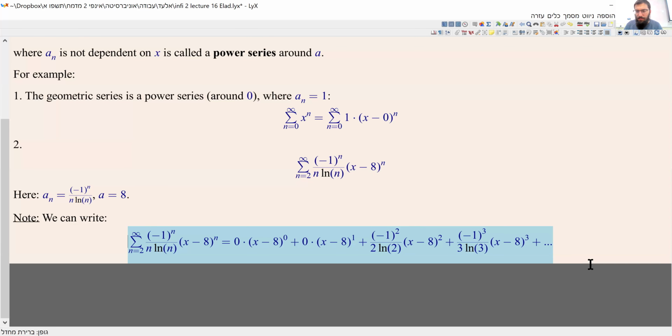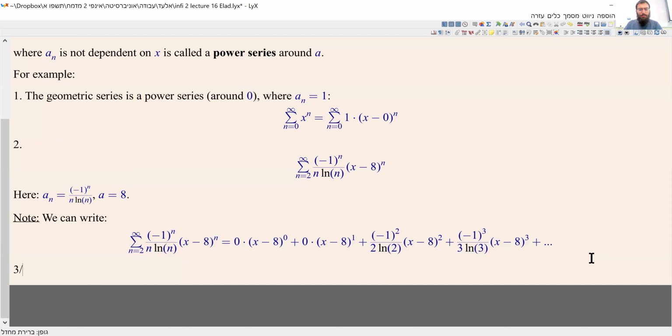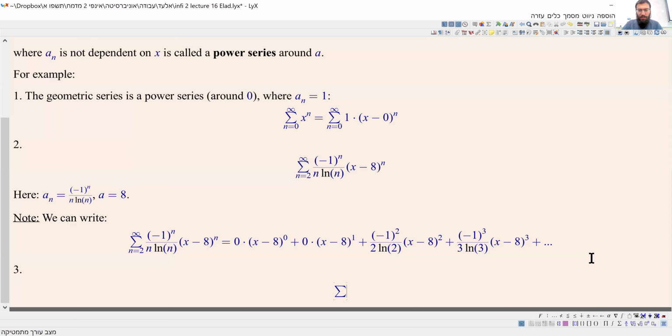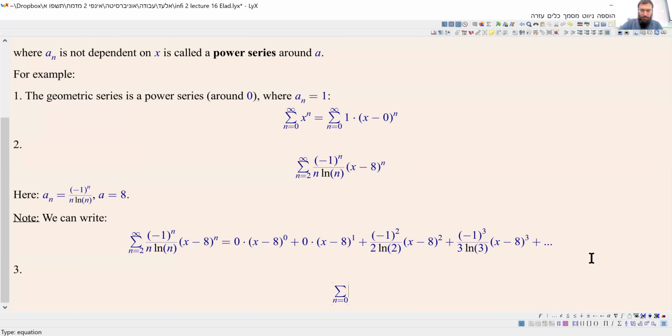But moreover, I want to show you example number 3, which is a series that we will encounter later. Not today, but we will. The sum of minus 1 to the power of n, over (2n plus 1) factorial, times x to the power of 2n plus 1.